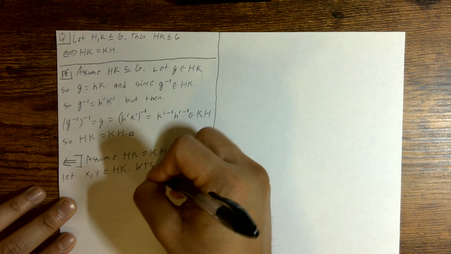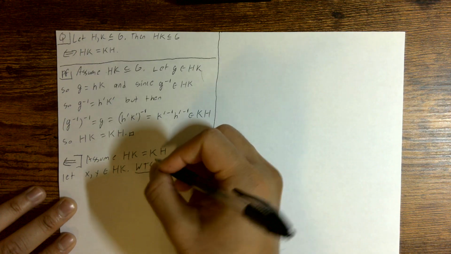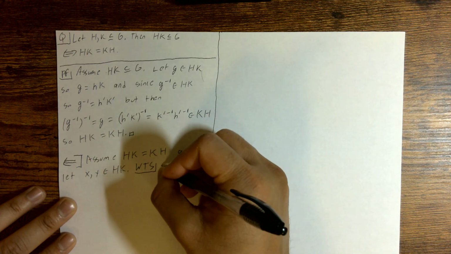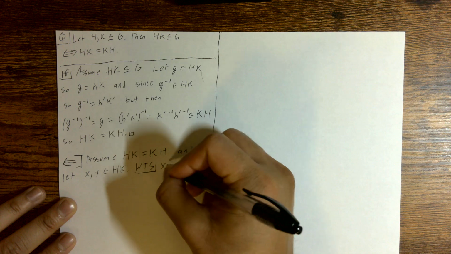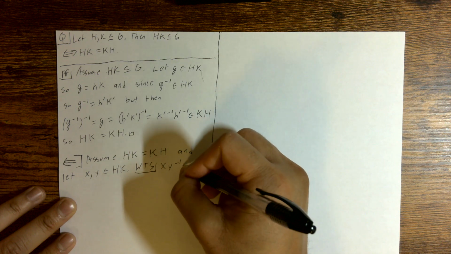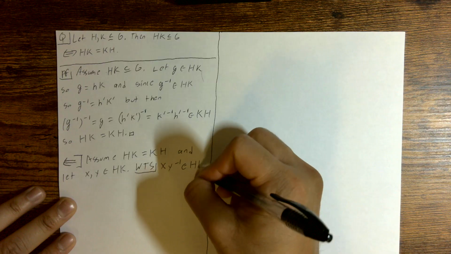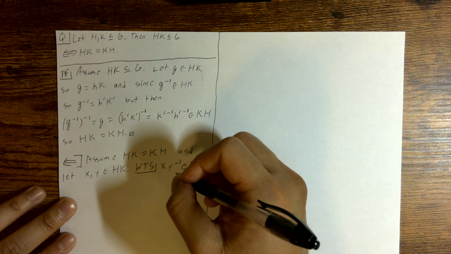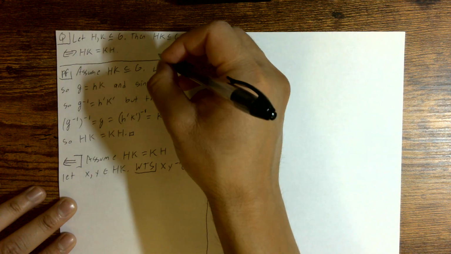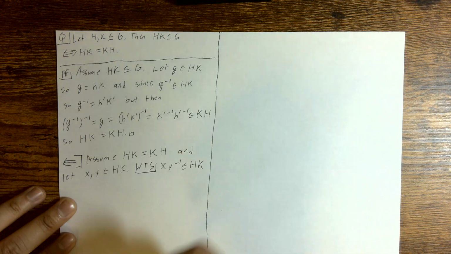We want to show that x y inverse is then in HK, which by the subgroup criterion would show that HK is a subgroup of G.